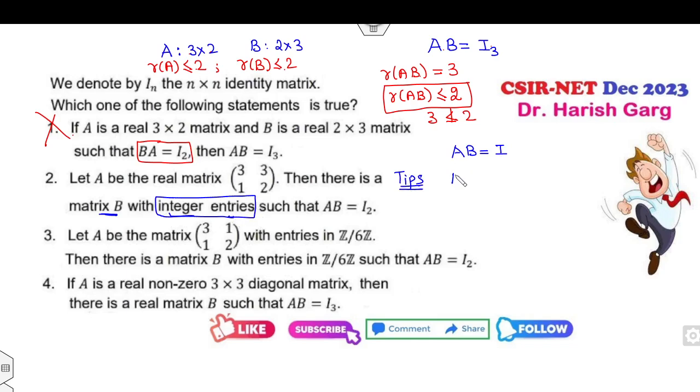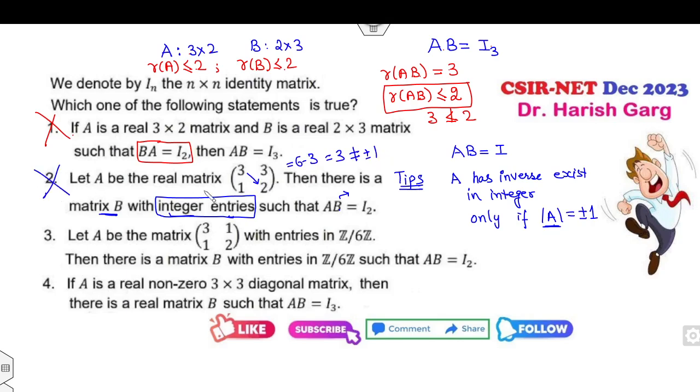Always remember, students, a matrix A has an inverse in integers only if the determinant of A is plus minus 1. If any matrix is given and you want its inverse in integers, that is possible only when the determinant of the matrix is plus minus 1. In this case, let us see what its determinant comes to: 6 minus 3, which is 3, not equal to plus minus 1. So the inverse B will never have integer values.